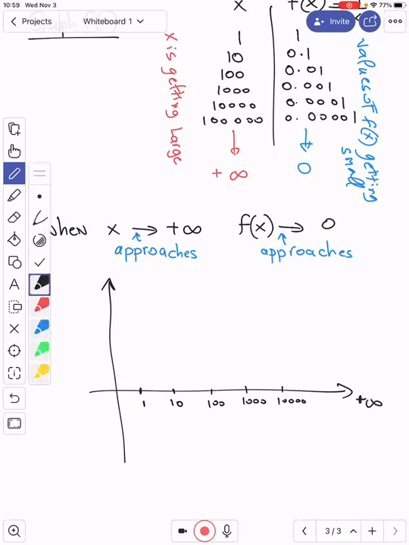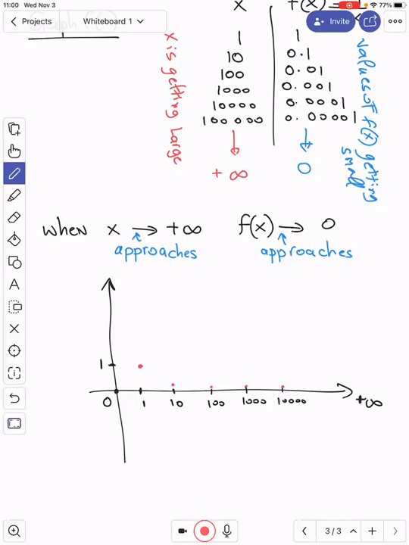Here's 1, and this is supposed to be 0. Of course, f of 1 is 1. And f of 10 is 0.1, so it's going to be like 0.1 right here. That's going to be f of 100, like 0.01. This is very, very close to 0, but it's not 0.